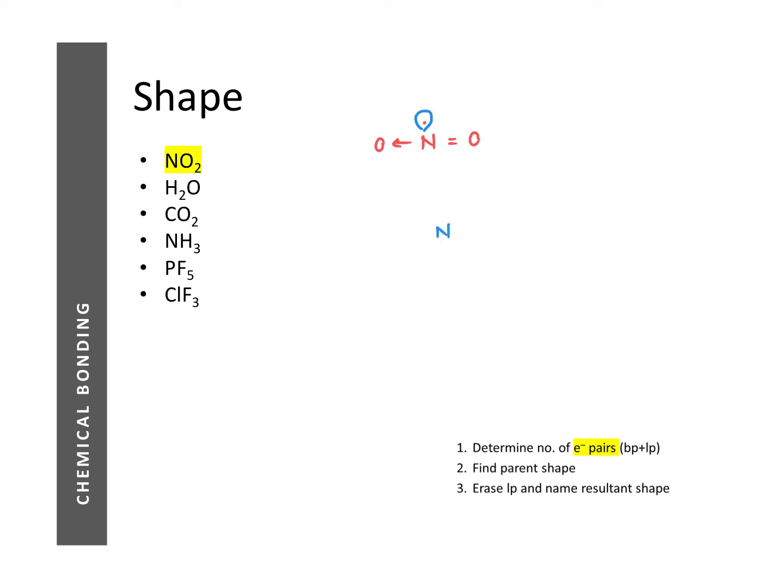Okay, so what is the shape of nitrogen dioxide? It will be bent, and the bond angle of nitrogen dioxide between your O-N-O bond is likely to be more than 120 degrees. Our reason being this is just 1 electron instead of a pair of electrons.